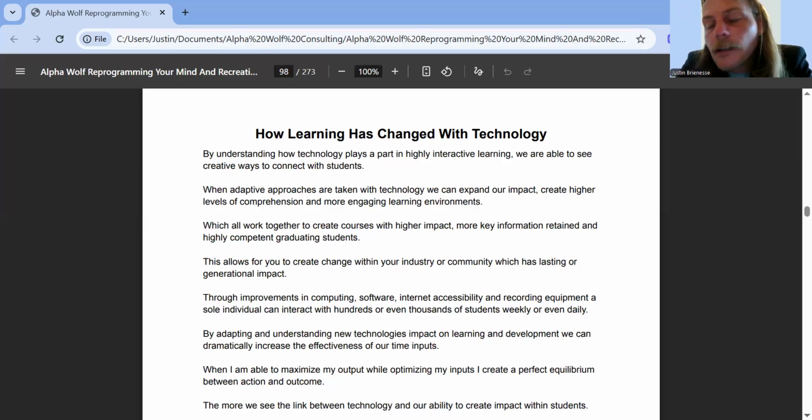So if we think about utilizing technology in the way in which we structure our information and we present our information, what we're able to do is cover and see that the way in which we utilize technology aligns to a lot of what we naturally did. Do you sort of get it?